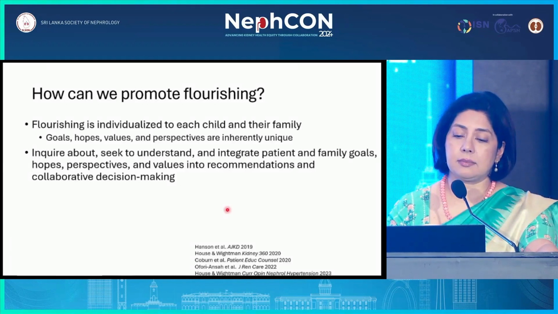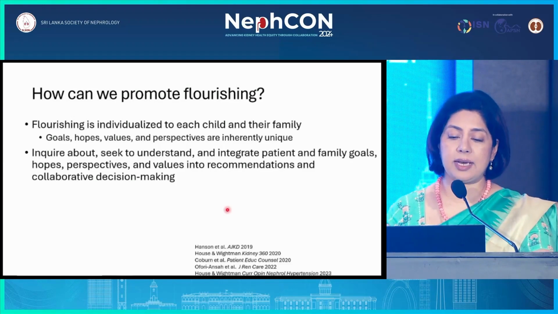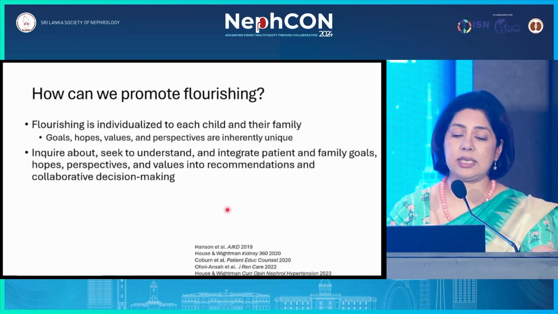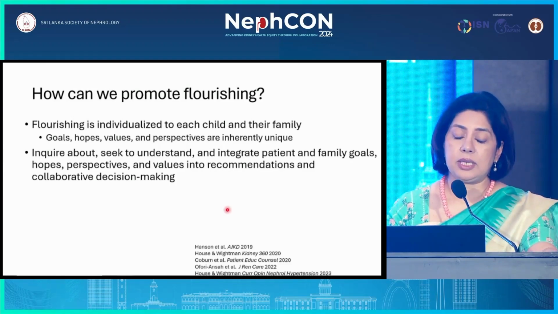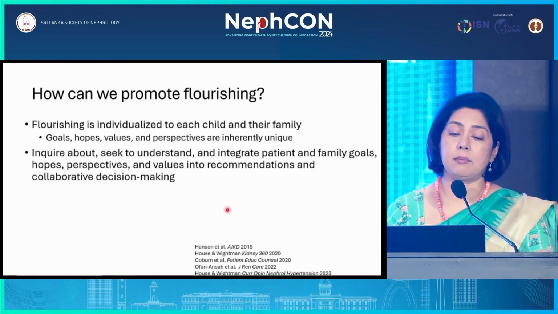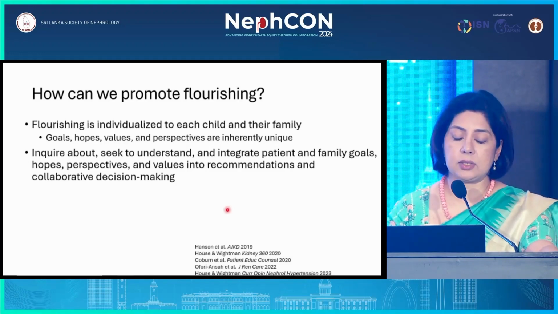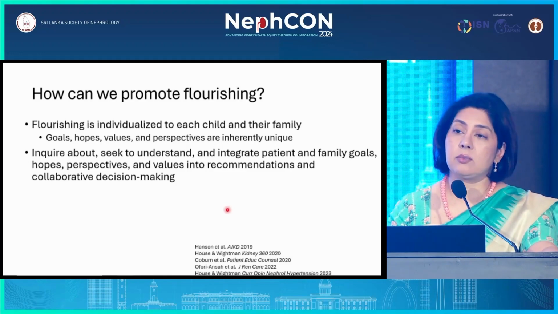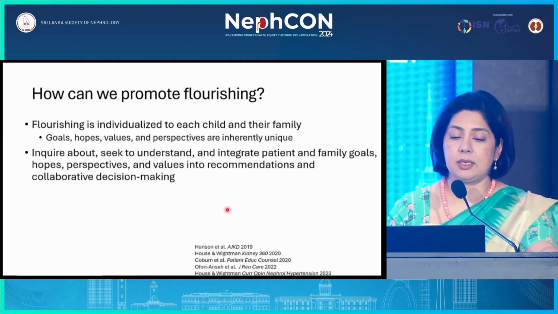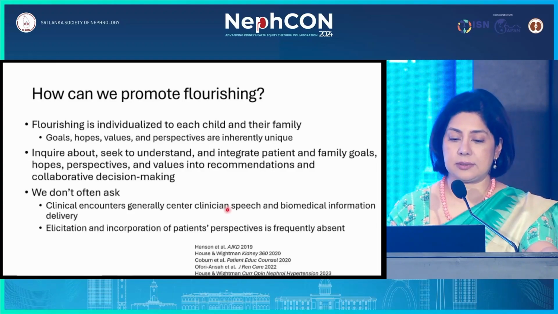By addressing the goals, hopes, values, and perspectives that are unique to each family. We need to inquire about, understand, and integrate patient and family goals, hopes, and perspectives into the medical decisions we make. And this is where collaborative decision-making is so important: sitting down with the family and the patient to discuss jointly goals of care and treatment options.